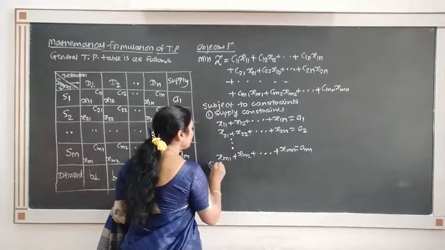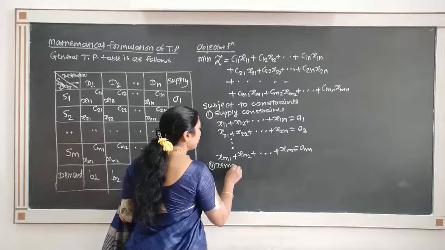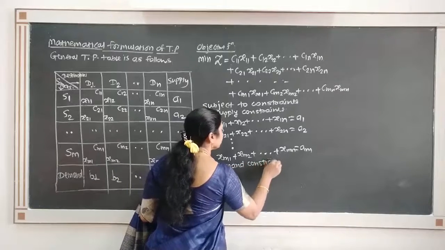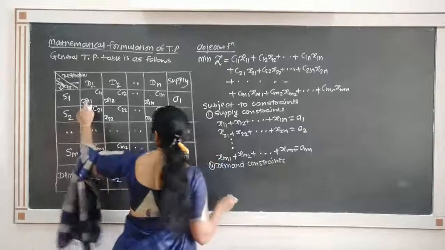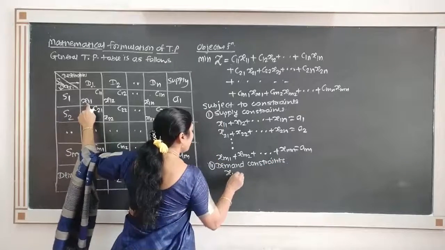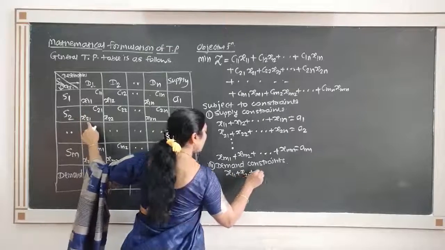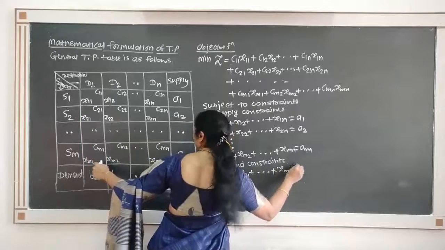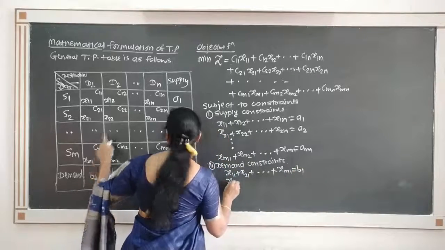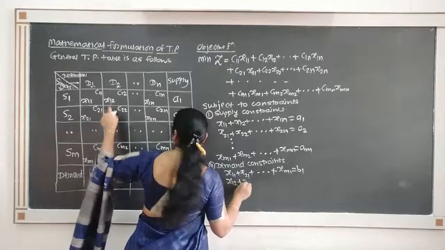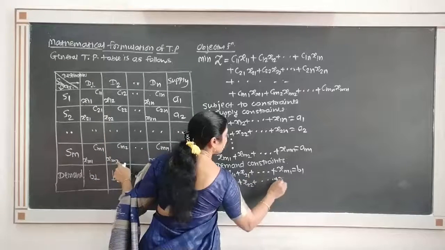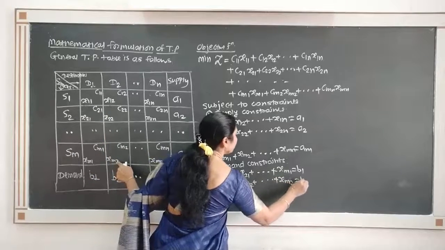Then there are also demand constraints. So what are demand constraints? Demand constraints are X11 plus X21 plus so on plus Xm1 is equal to b1. Similarly, X12 plus X22 plus so on, Xm2 is equal to b2.